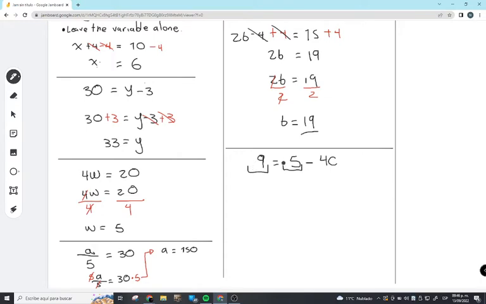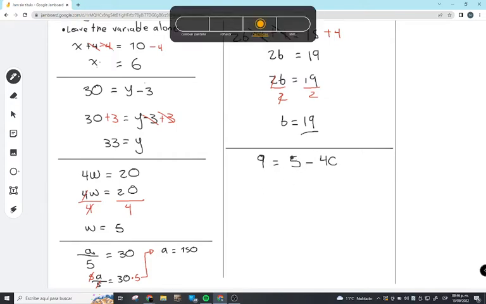This 5 is also positive. There's nothing behind it. But the 4c is negative, and you have to be really careful with that. Because some people think that this 5 is negative because there's a minus next to it, but no. The sign of the term is always behind the term. So in this case, 4c is negative, 5 is positive, 9 is positive.